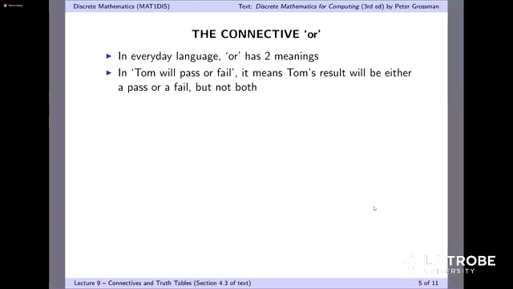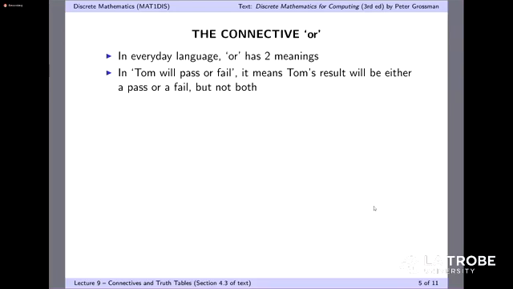It means Tom's result will be either pass or fail, but not both. It can never happen. You flip a coin, either it is head or tail. You cannot ever have both. Right? So, at the moment we are considering only one of the outcomes being true. Sometimes it's possible that both outcomes are possible at the same time.